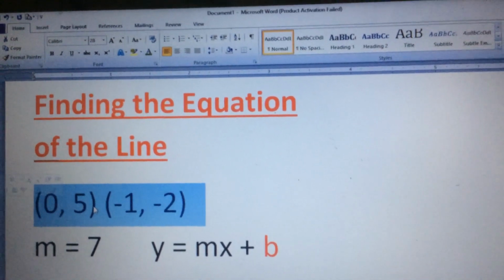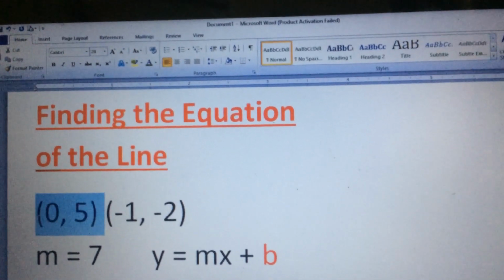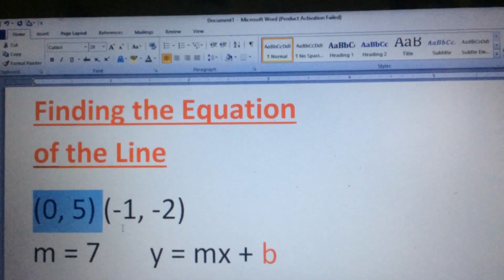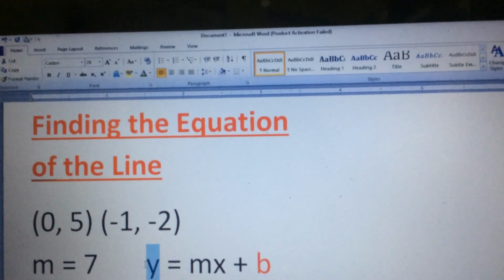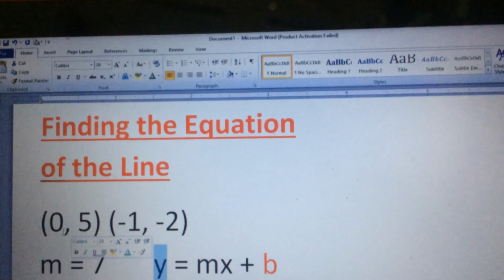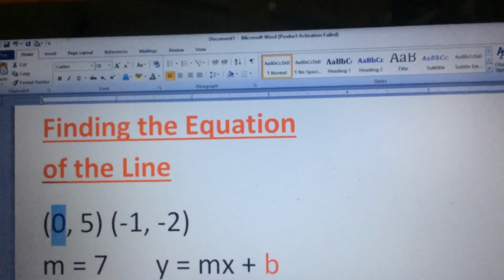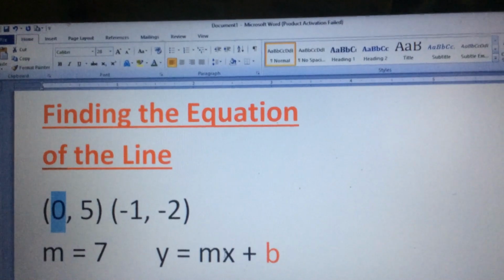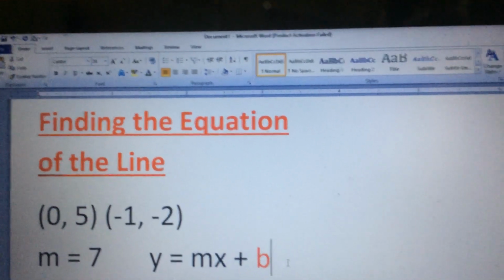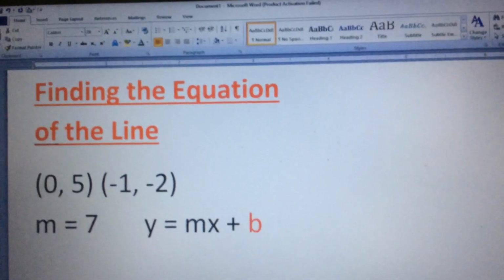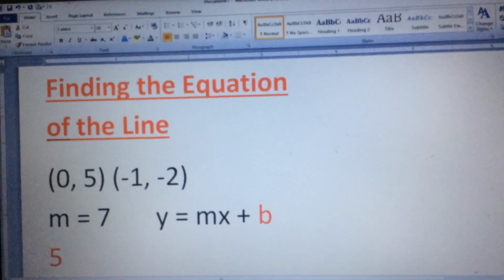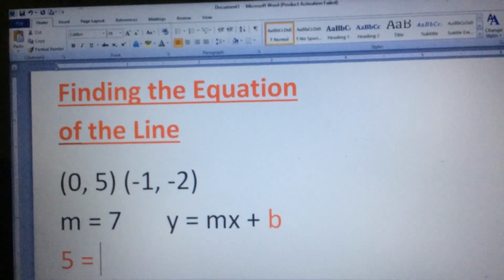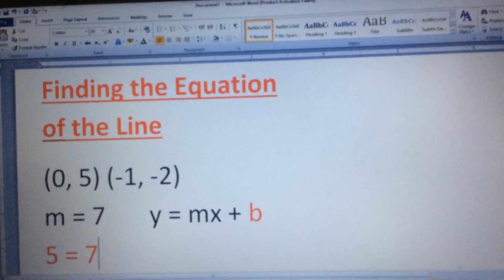So if you use the first ordered pair, your value of y is 5. So you write 5 here, and your x is 0. So we replace x with 0 here. So this becomes 5, our y, equals, what is our m? 7.